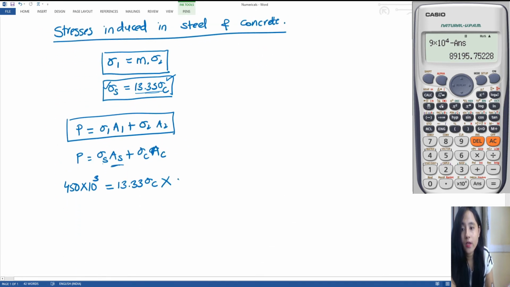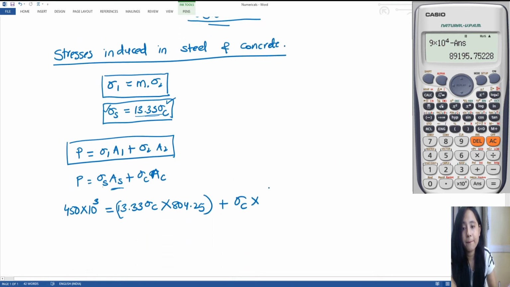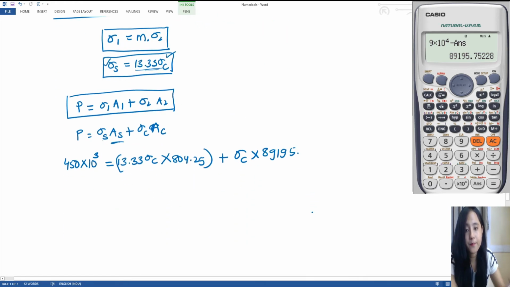Plus sigma C, which we don't know, so let it be sigma C only, into the area of concrete, which was 89,195.75.